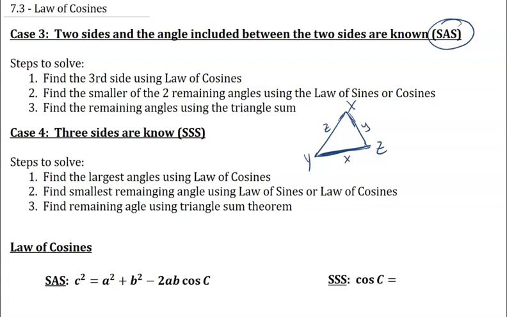So when it says find the smaller of the two remaining angles, we determine which one that is by finding which of the two sides corresponds to that angle. The one across is going to be smaller.